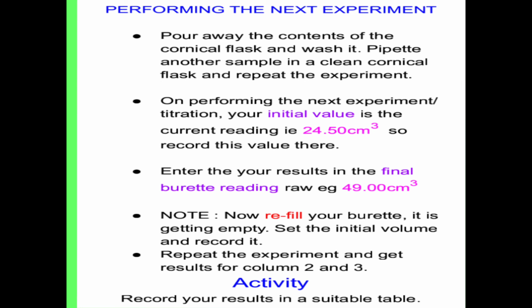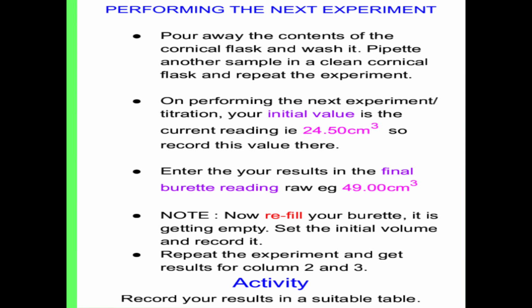So we expect the maximum volume to be at least 24 point something. But when you look at 49, it means we are now remaining with 11.00 cubic centimeters in our burette. So we are remaining with too little solution. It cannot help us to carry on another titration.